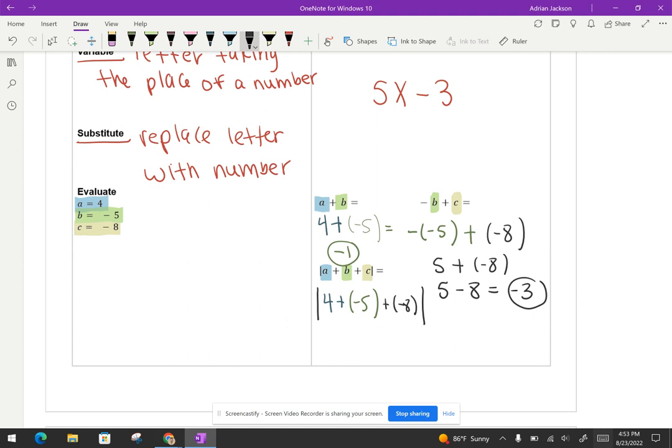I'm going to start by doing the -5 plus the -8 to simplify it for myself. So 4 plus -13, or 4 minus 13, is what that becomes. Then it becomes the absolute value of -9, which is +9.